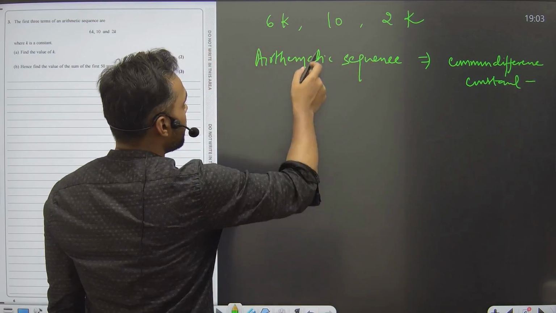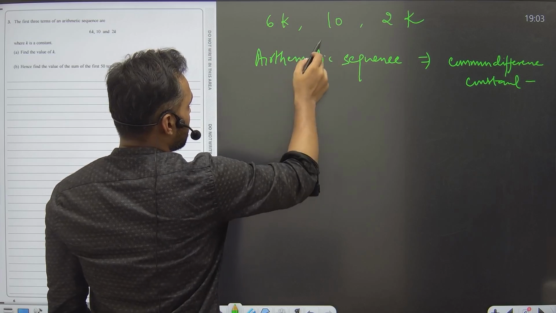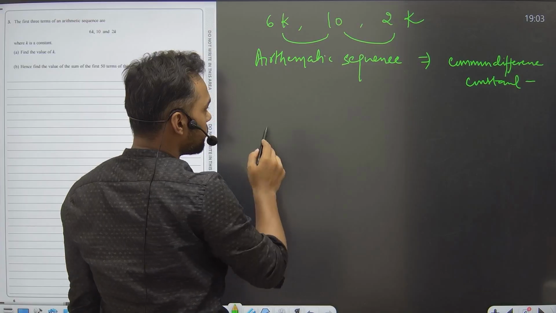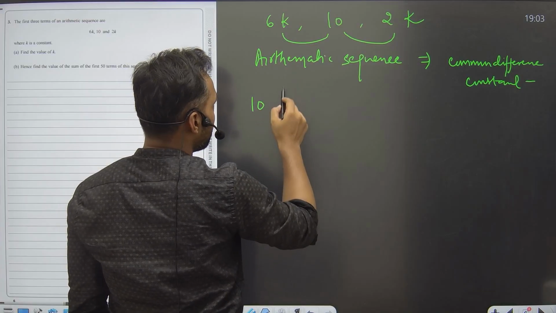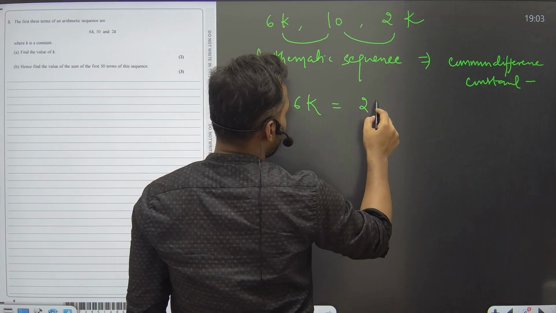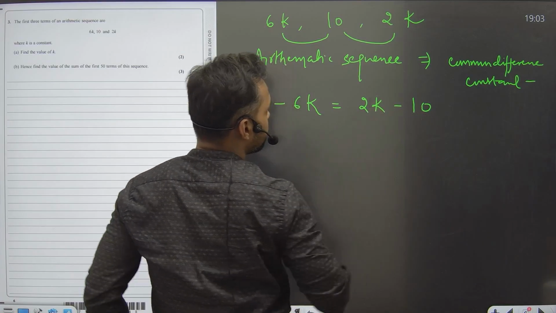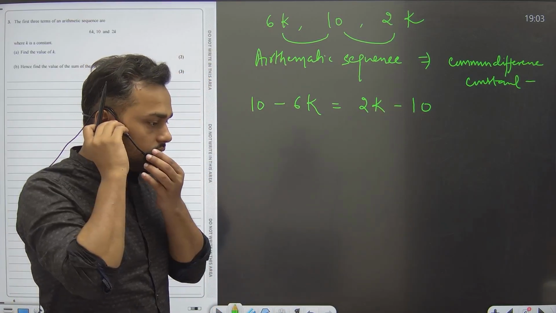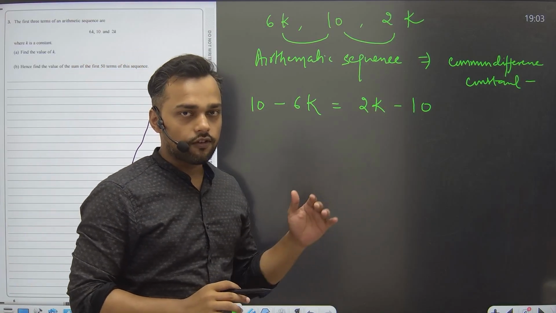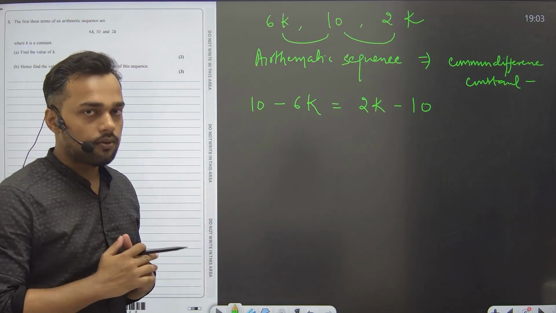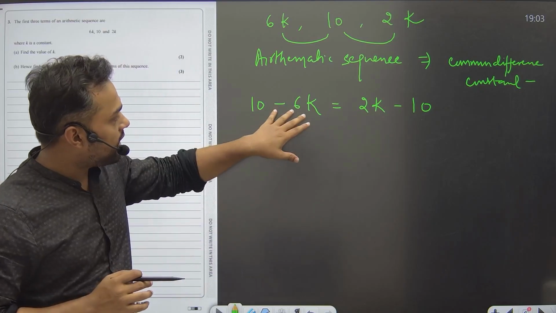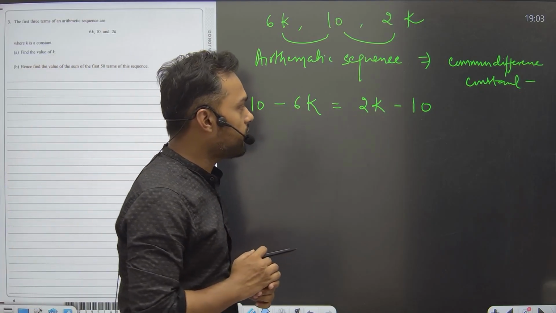So here the differences between the terms of this sequence must be constant, so we can say that 10 minus 6k will be equal to 2k minus 10. The consecutive term minus the previous term, the differences I am calculating here. So 10 minus 6k is equal to 2k minus 10.